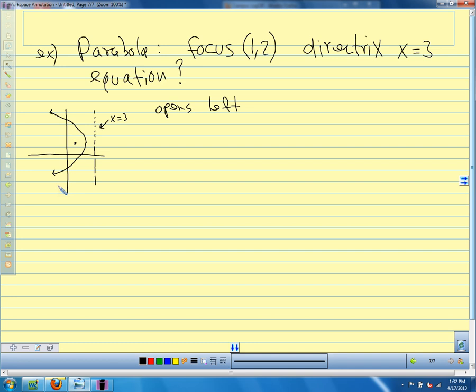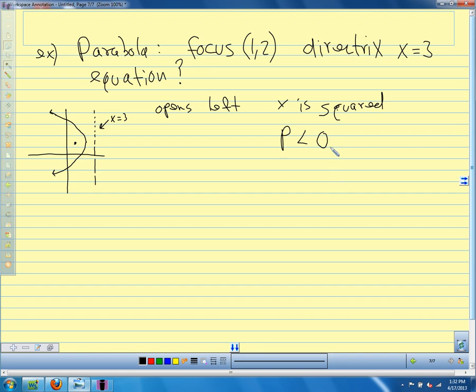So since we know it opens left, what is going to be squared, x or y? Opens left, so y is squared. And because it opens left, is p going to be positive or negative? P is less than 0. It opens left, so p is less than 0.